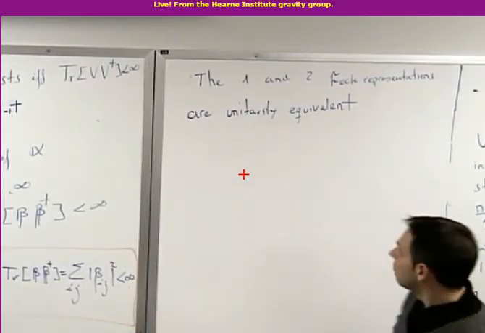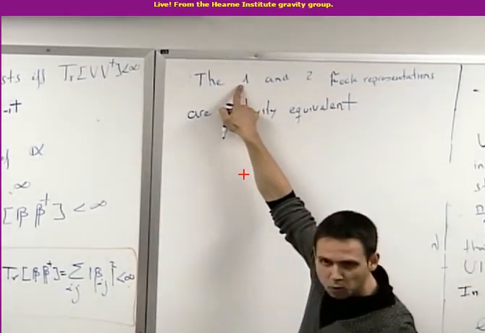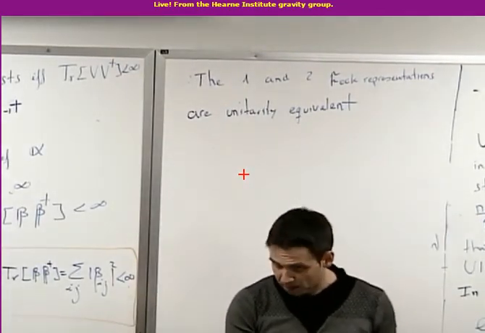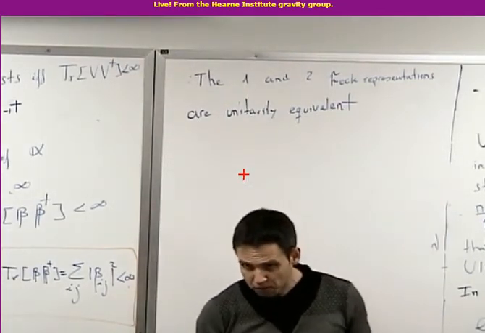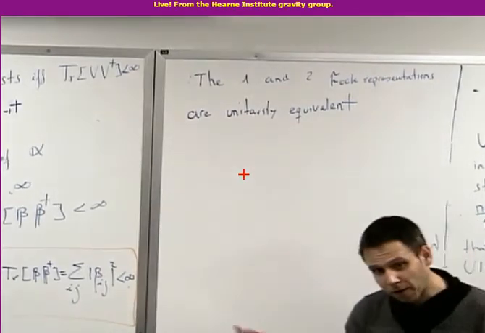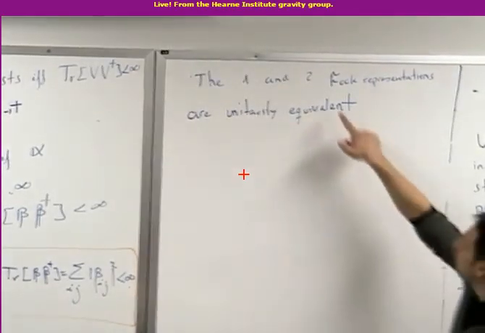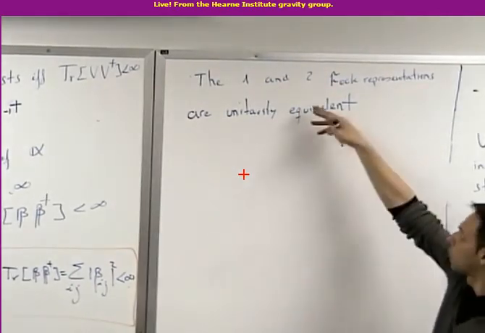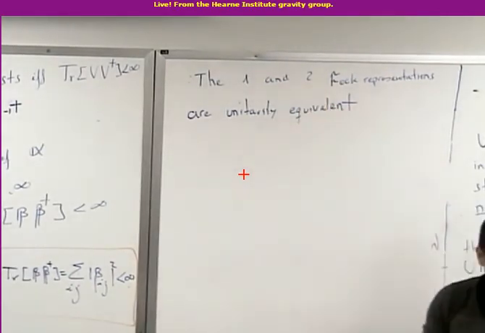Because if you give me any state in one and any set of observables and you compute expectation values, as you were saying before, the unitary operator ensures that there is another state here which has the same expectation values with respect to some operators there. So physically they are the same theory.